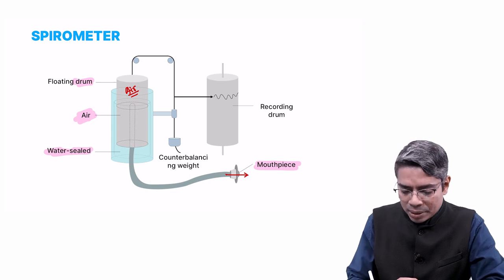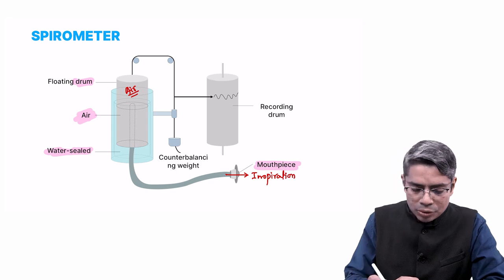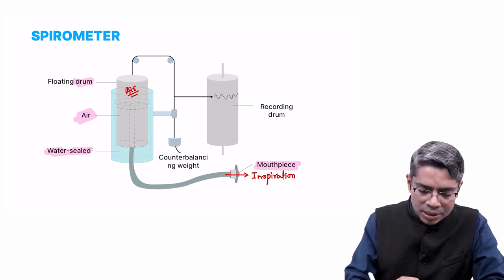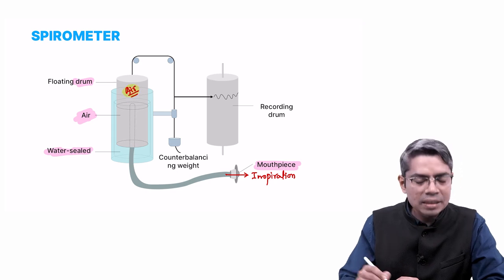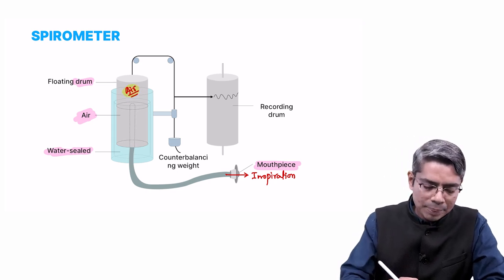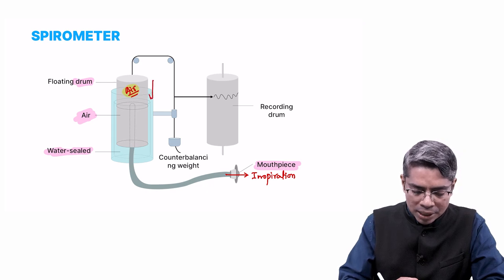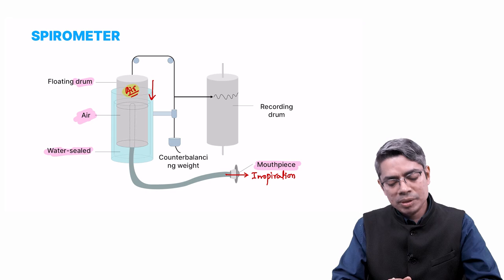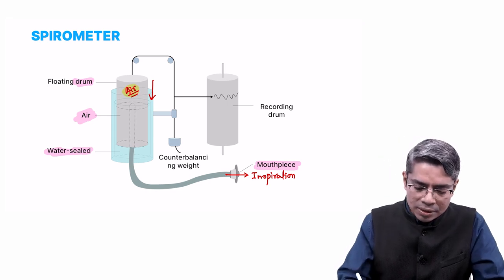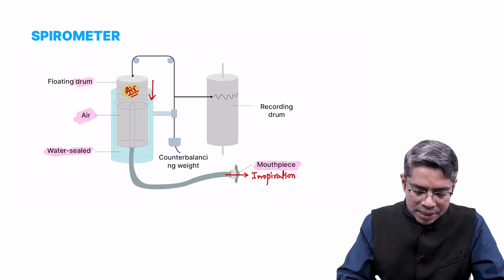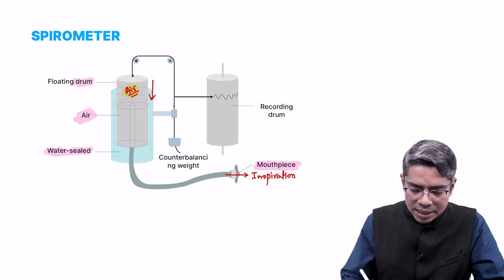Whenever the person is taking inspiration, he is going to take some of the air from this drum. So the drum will go in the downward direction because you are decreasing the volume of the drum. Now look here. The drum is connected with a thread, the thread goes over a pulley, and it is ultimately connected with the writing pen.